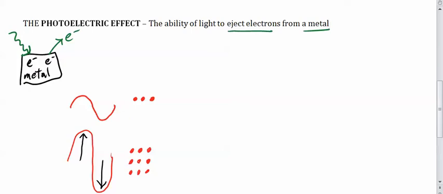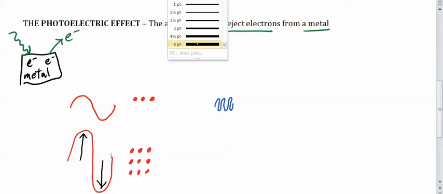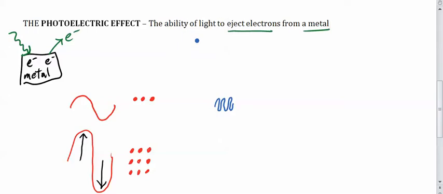Instead, if we take light of higher frequency, like say this blue light has much higher frequency, many more waves will pass by per unit time, this blue light is going to be like light of much bigger particles. Each particle of light has a lot more energy.